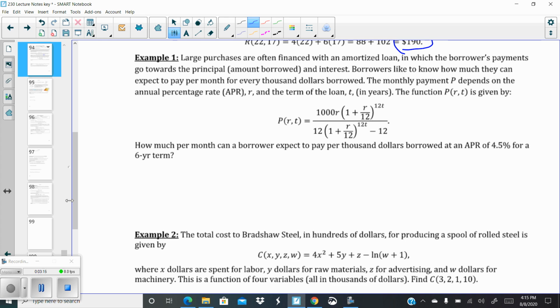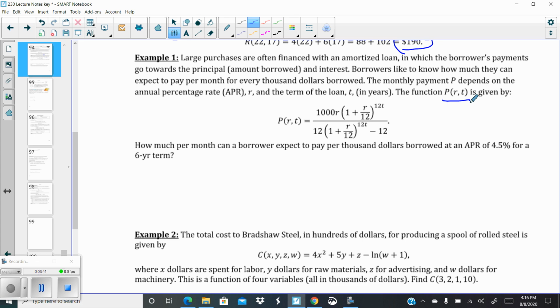The monthly payment, P, depends on the annual percentage rate, or the APR, and we just use a little r for that one, and the term of the loan, which is T, in years. And then the function is one where the monthly payments depend upon both the interest rate and the number of years. So it's P of r, T. And it's given by this crazy looking function down here.